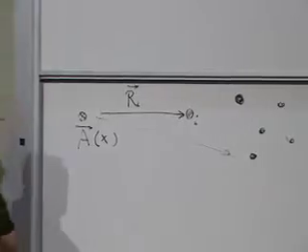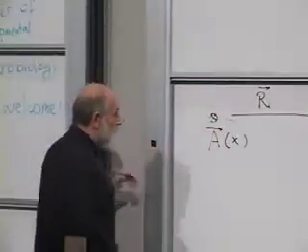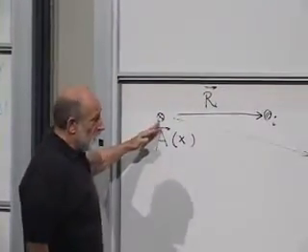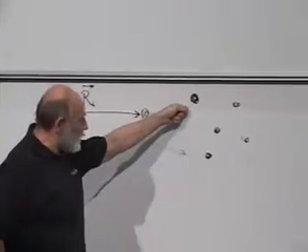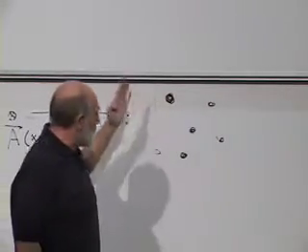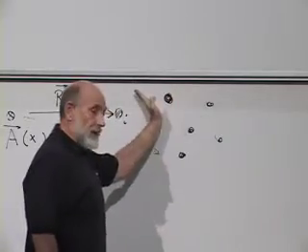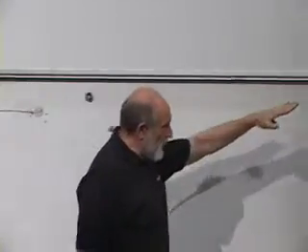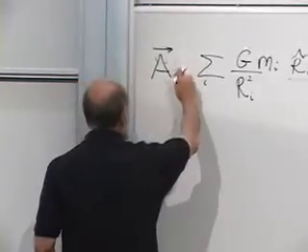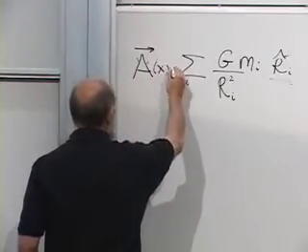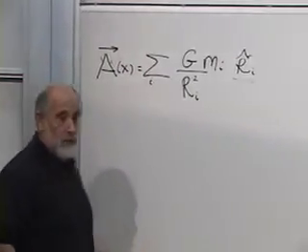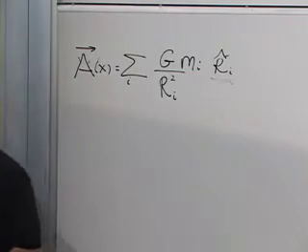For example, the further away we take it from the distribution of mass over here, the smaller it is. If we bring our test mass right up to one of the particles here, there's a great big force on it. If we bring it on the other side, the direction switches. So this A here is a field. It depends on position. And it's called the gravitational field.